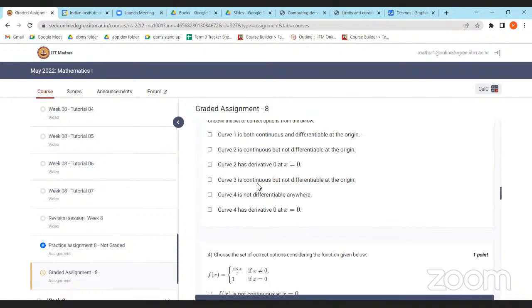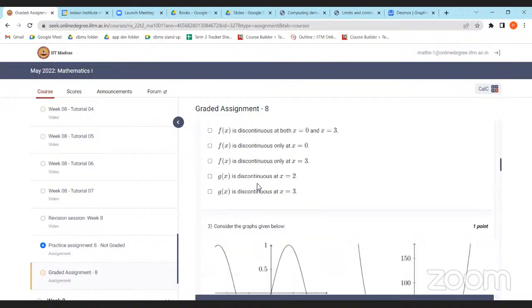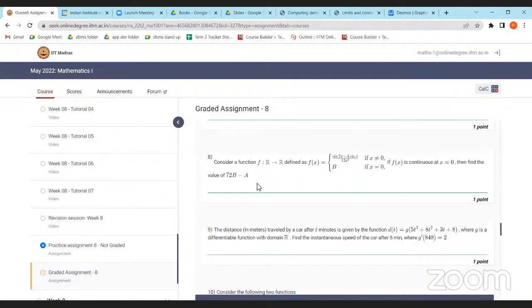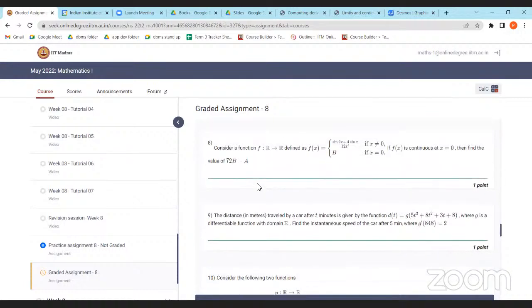All right, question number 8 and question number 10. A little bit of hint there would really help. Here you can see f of x is continuous, so we have to apply that left hand limit equals right hand limit.